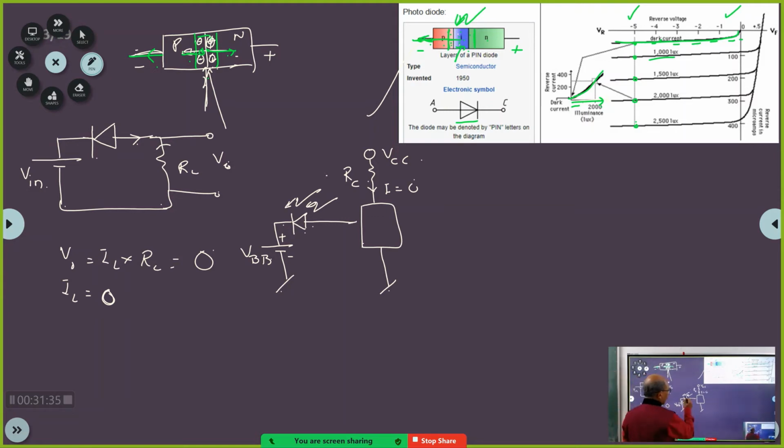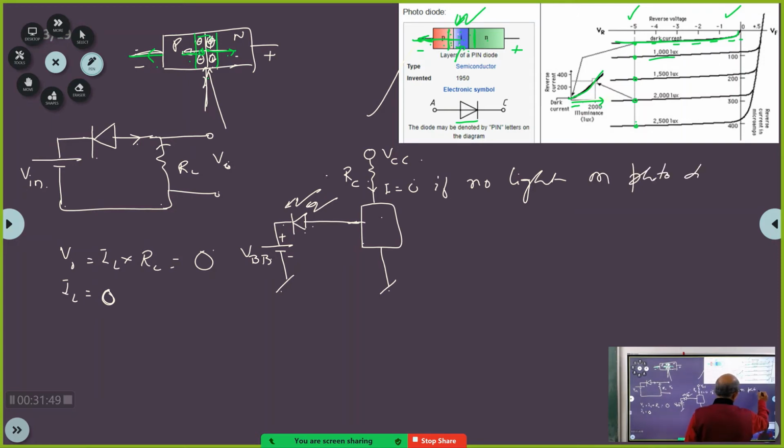This is a photodiode. Now, what does this device do? The current is 0 if no light is falling on the photodiode. Tell me.